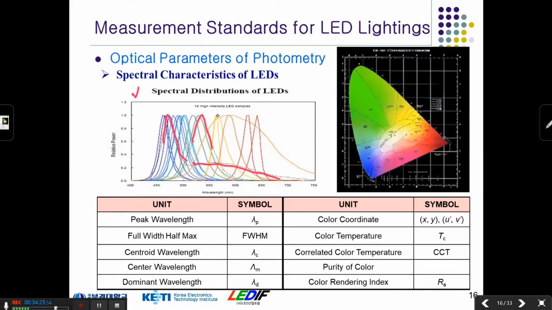The broad yellow line here is the spectrum of phosphor. From the spectra, you can directly derive optical characteristics such as peak wavelengths, full width at half maximum, that is bandwidth, center wavelengths, and centroid wavelengths.